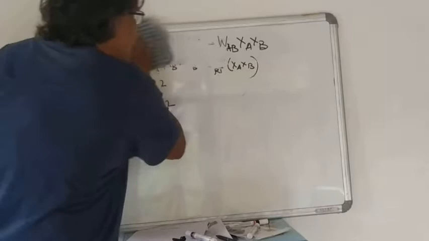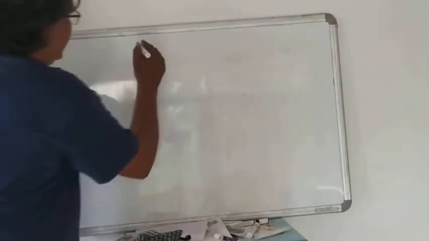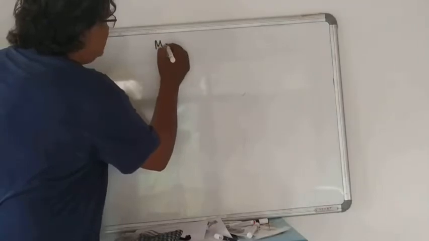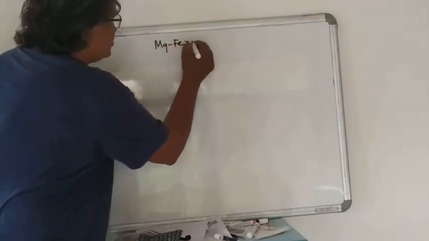So remember the equation. This is a small board, and I've got to always be very careful. So let's say we take a reaction like this. You may know it, or your teachers may have told you in the masters. Something like, for example, Mg Fe exchange.